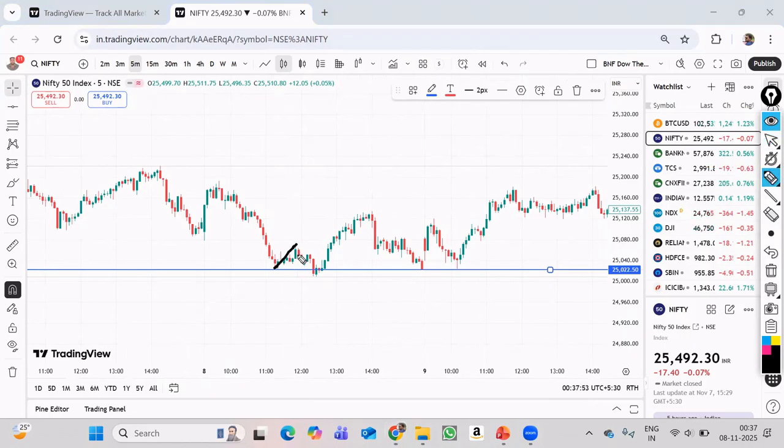Again, it took a pullback and again it came down. But what did it do here? It just created a very small low. So here there was momentum. At least 50 to 60% of momentum should come here.